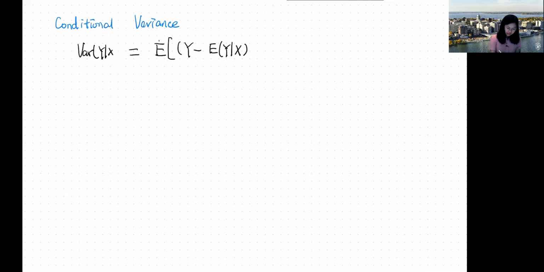So let's actually start with the conditional variance evaluated at a point. Conditional variance of y given x equals a particular value of x.